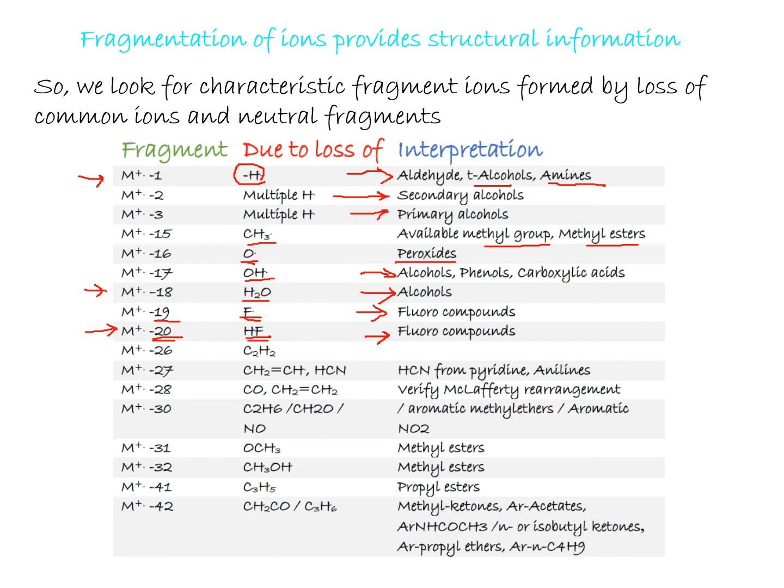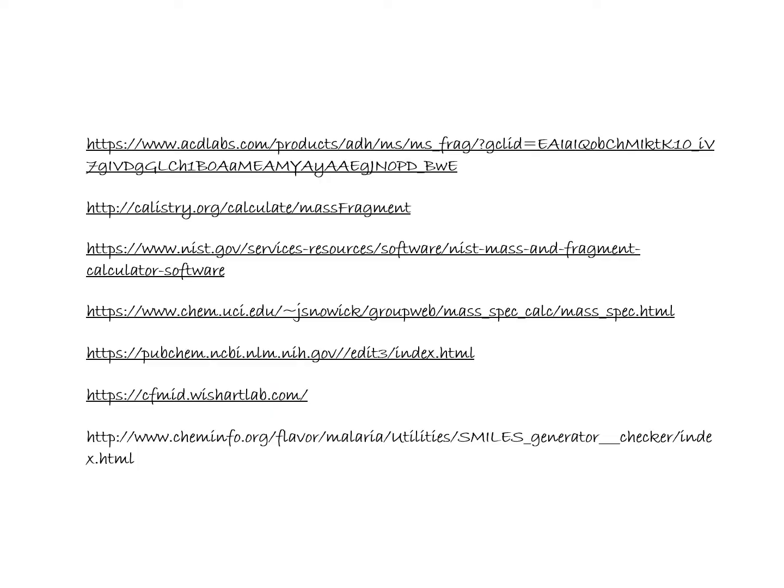We have studied the fragmentation of functional groups. However, in the 21st century, it is a little bit different. You have a lot of software where you only feed the software with the structure in a certain format, and the program will predict all the fragmentation that could take place in this structure.